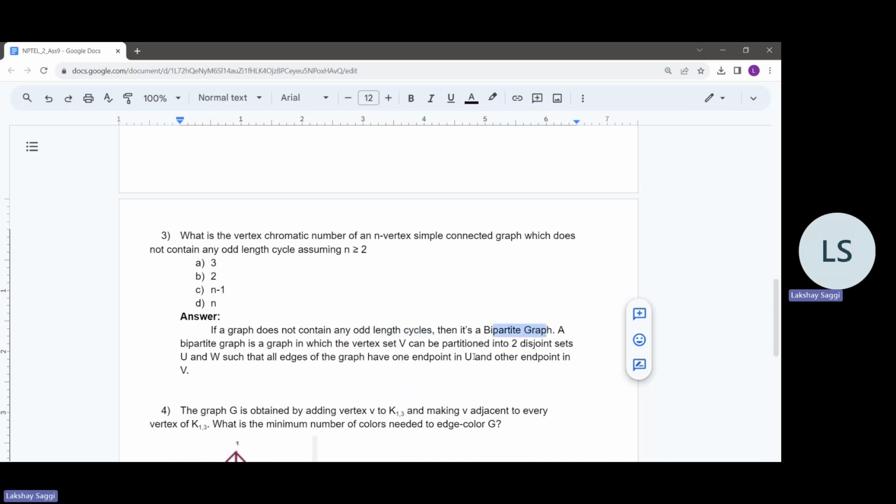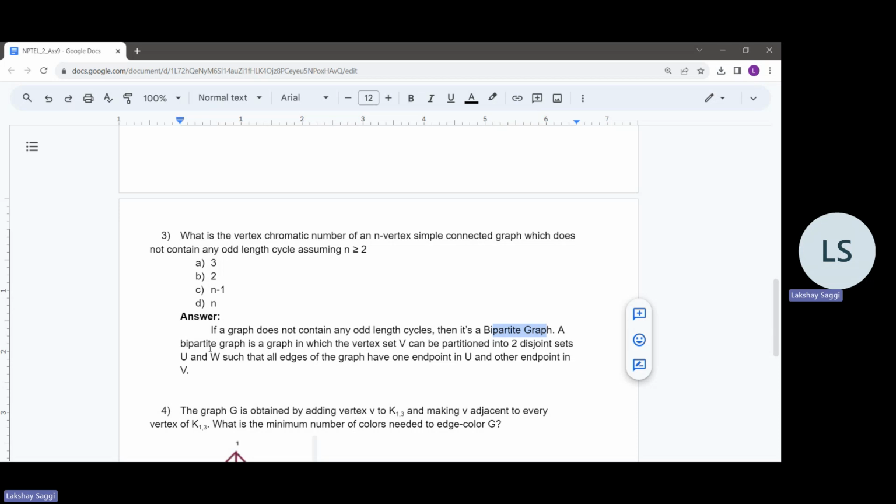So a bipartite graph is a graph in which we can divide the vertex set V into two disjoint sets U and W, such that all edges of the graph have one endpoint in U and the other in W. What this means is that there cannot exist an edge between two vertices of U or between two vertices of W. And why is it so special?